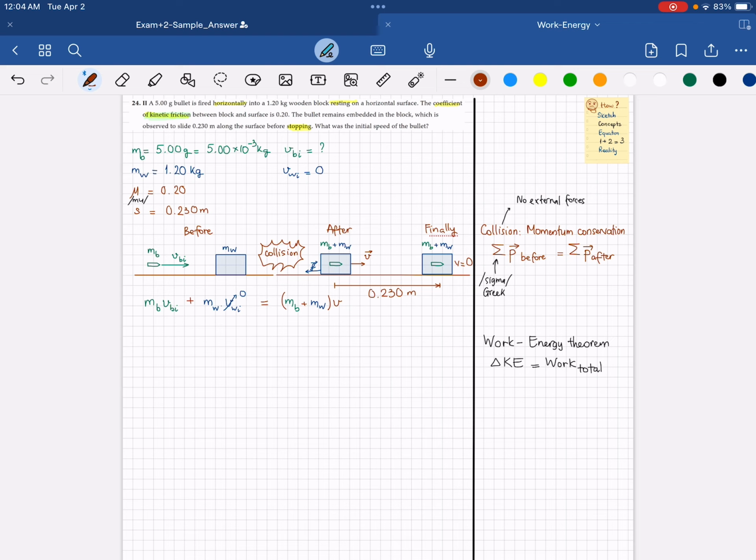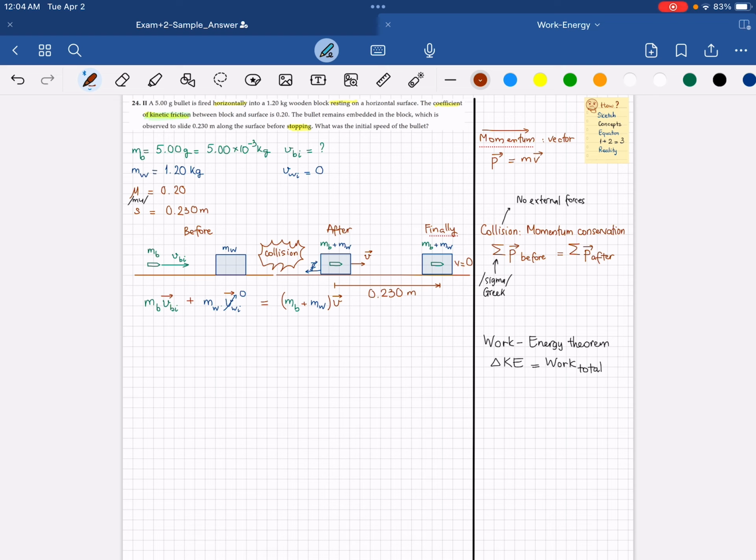To make it really accurate, we should put vector arrows above them, because momentum is a vector quantity with directions. Momentum p is defined as mv, in the same direction as the velocity v.